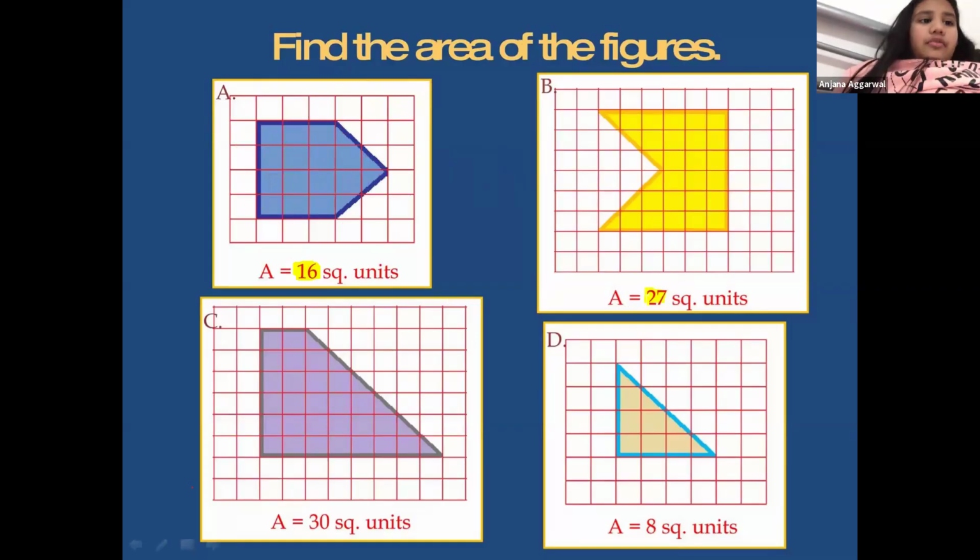But how do I solve this if I didn't have the squares inside? This is a concept class, so this would be given. In the case of not given, I'll tell you in the coming slides how you are able to solve this. So with the same approach, you can find this as well, right?